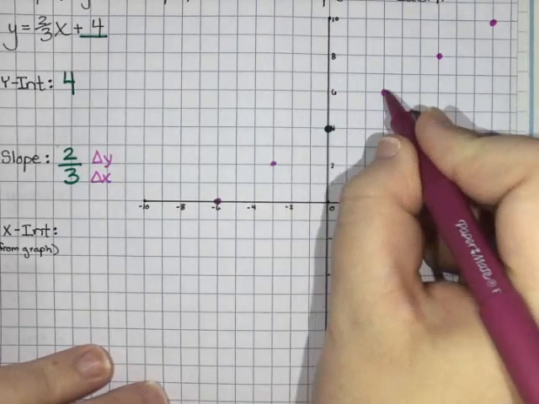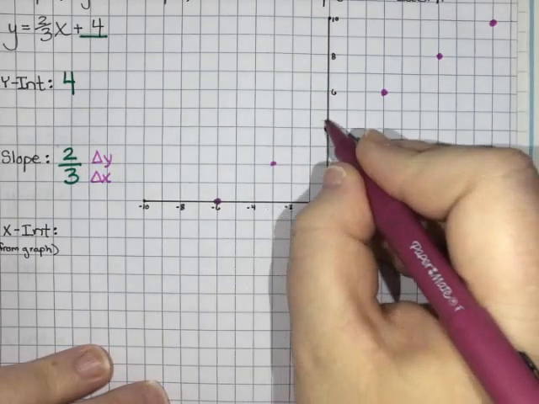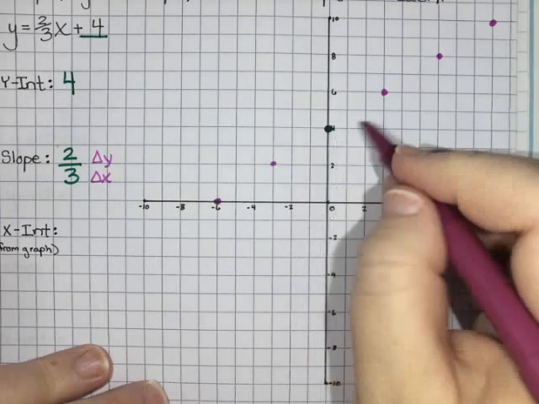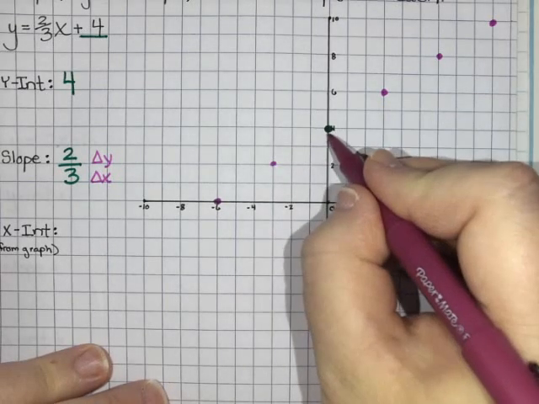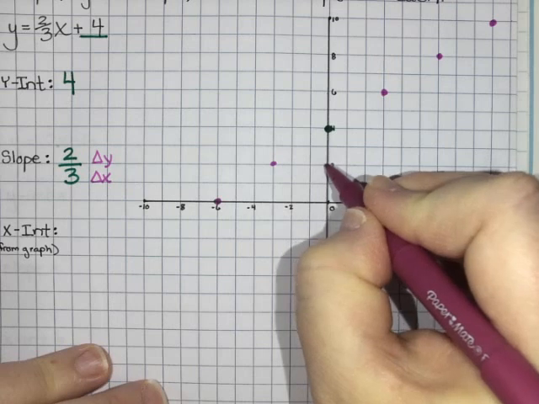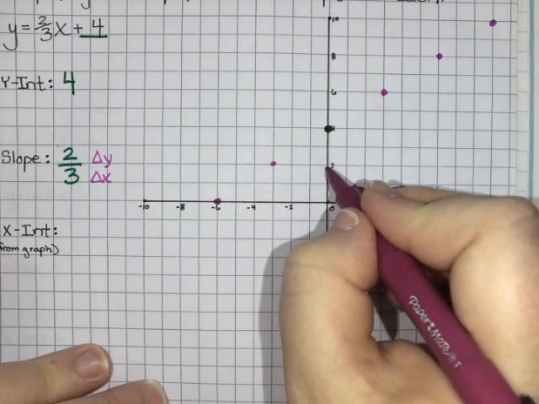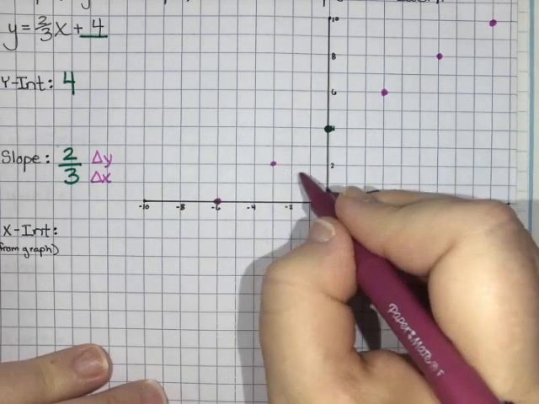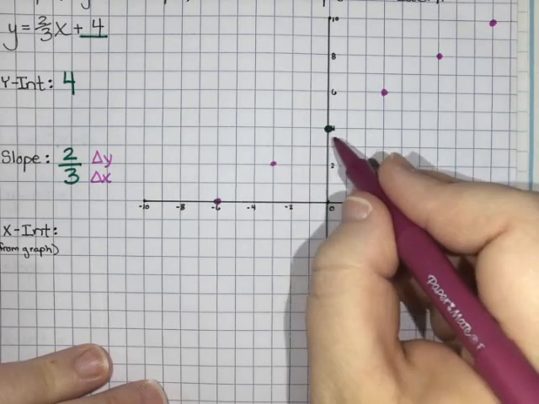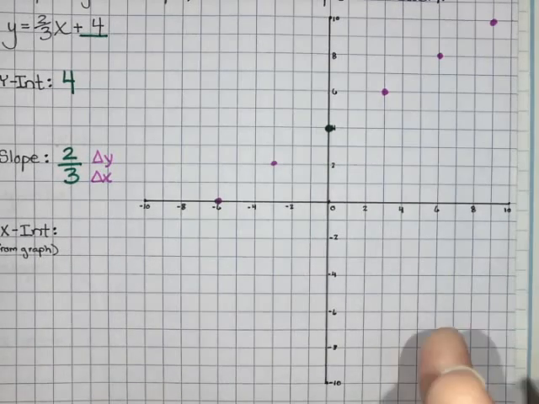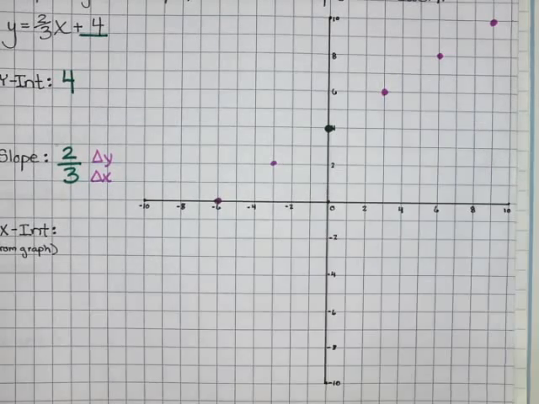So instead of going 2 up and 3 over, we're going 2 down and 3 back. We're just going backwards. And it makes sense to me because if I'm going down 2 that would be -2. And if I'm going back 3, that would be -3. -2 divided by -3, and negative divided by negative makes positive. It's just in case you were interested.